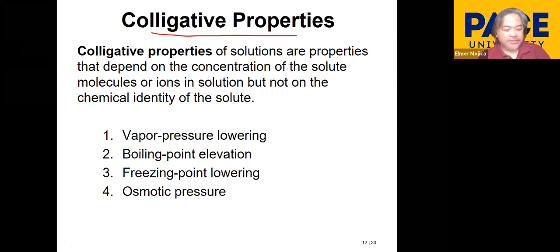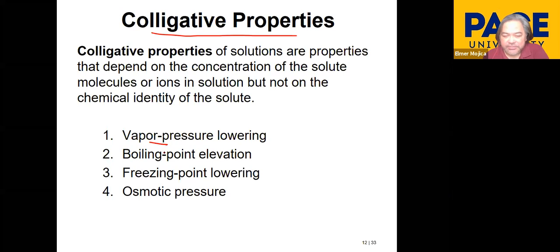If you add more solute to the solution, these properties can either go up or go down. Usually these colligative properties are based on physical properties that you know, and you just add a word to describe what happened to the property. For instance, vapor pressure lowering.